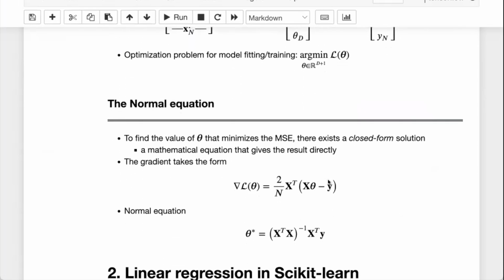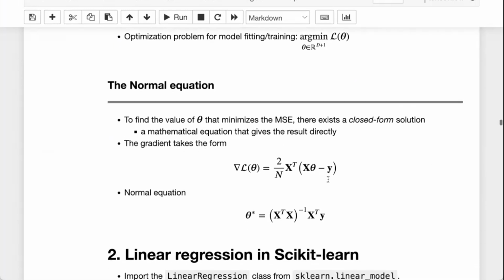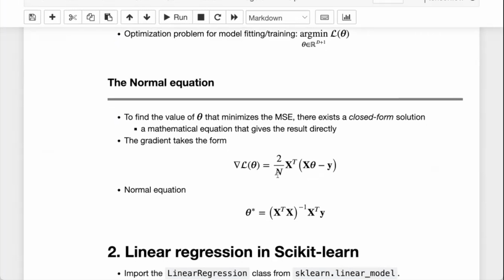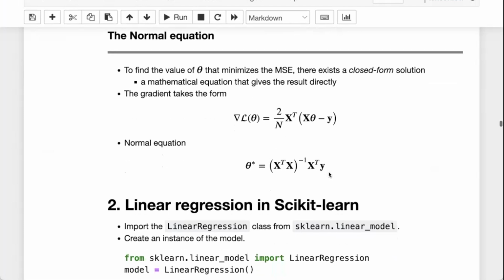In this case, as we explained in the notes, you can find a closed form solution because it's a very simple linear model. After you find the gradient, which is exactly what we have, 2 over n x transpose times x theta minus y, you set this equal to 0, and we showed multiple steps of how we can get this solution.